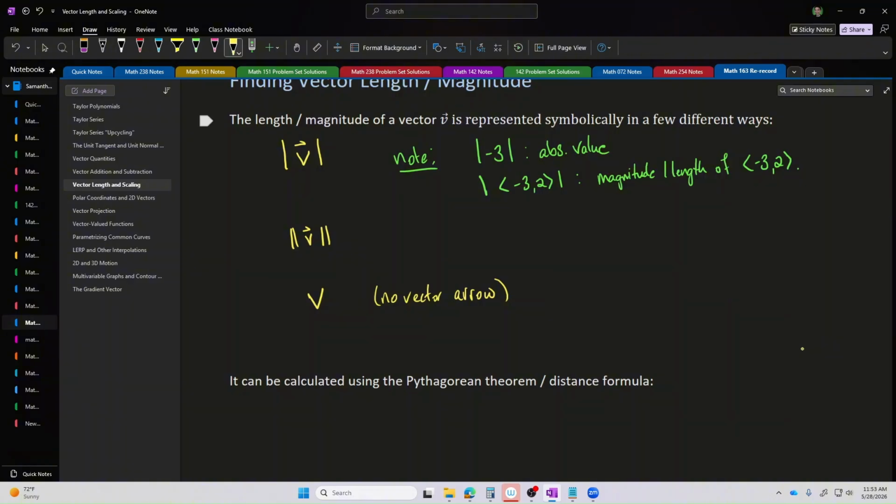They'll write the vector with the arrow, and they'll refer to the magnitude by just removing the arrow. Again, as a math teacher, in my opinion, this notation is very, very dangerous for students who are just getting started because it's very subtle, and it's very easy to get confused. I want you to be aware of this notation, but I personally will never use it.